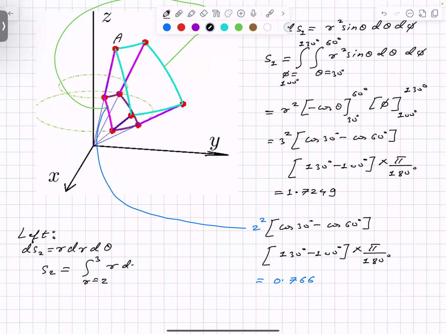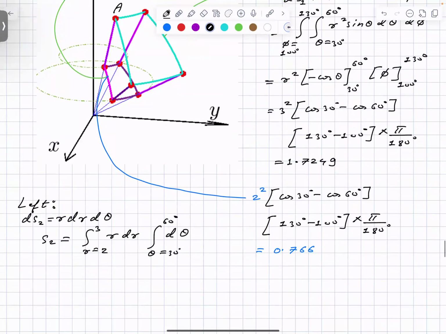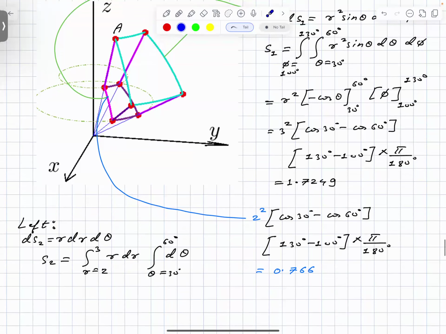So we have r dr, and then we integrate over theta. Theta varies from 30 degrees to 60 degrees. And we have just a couple of minutes left, so you can do this integral. This is pretty straightforward. Again, don't forget to change the answer of this integral to radians. So that is the left side.